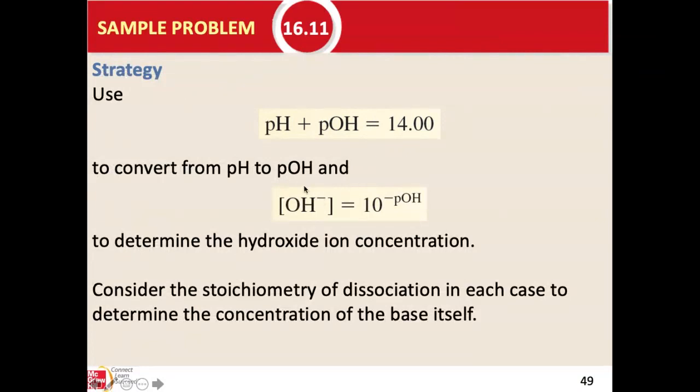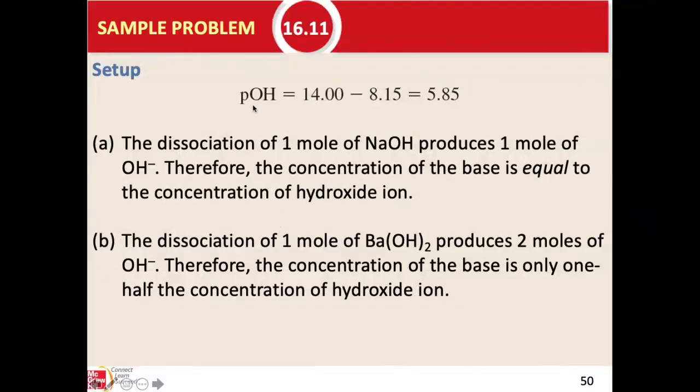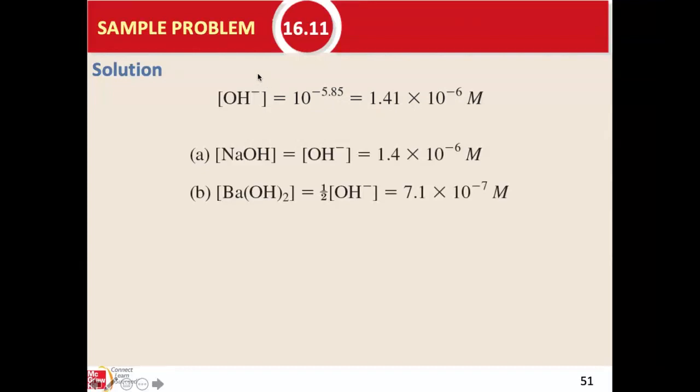So to find the concentration of OH minus, we will take 10 to the negative pOH, and then we will find the hydroxide ion concentration. So the pH given to us is 8.15, and I can find the pOH. pOH is 5.85. And to find the concentration of the hydroxide ion, I will take 10 and raise it to the power of negative pOH, and then you can find it.